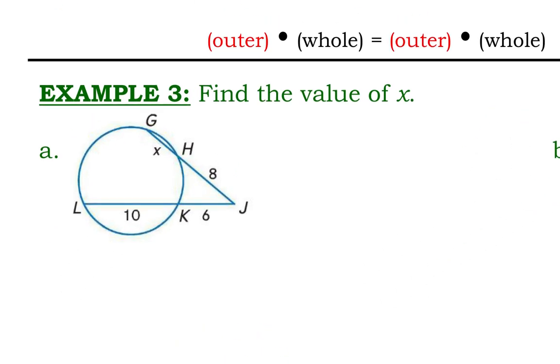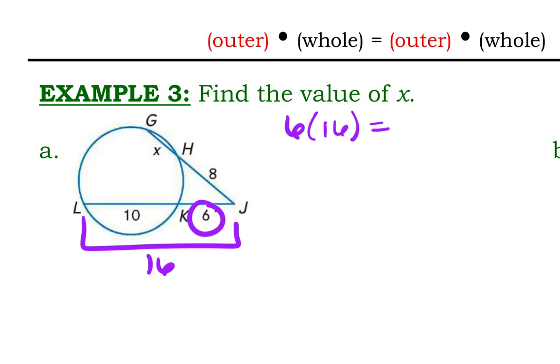Okay, so find me one outer piece. What number's on the outside of the circle? 6. Okay, I heard 6. 6 times, what's the length of that whole secant? 16. So 6 times 16 equals, what number's on the outside on my other secant line? Outside number.